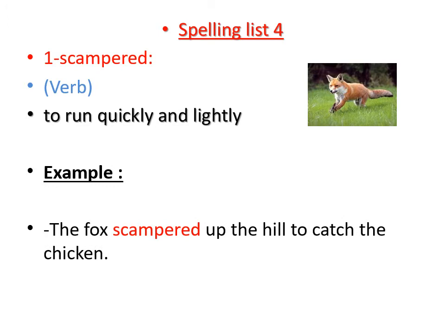The fox scampered up the hill to catch the chicken. As you can see here, we have the verb scampered, so we can use it in the past, present, or future. It's a verb, so we can use it in any way. So our first word is scampered. It is a verb and it means to run quickly and lightly.